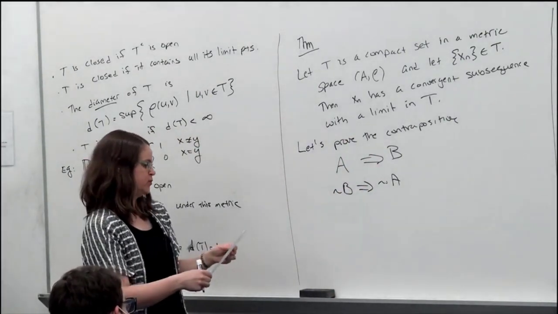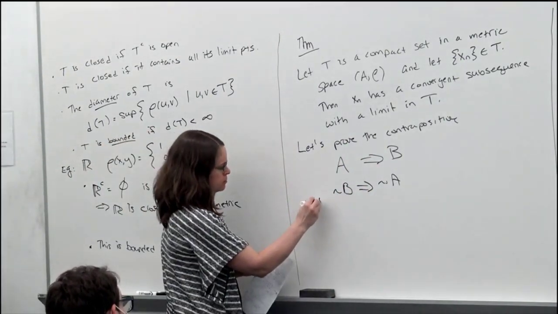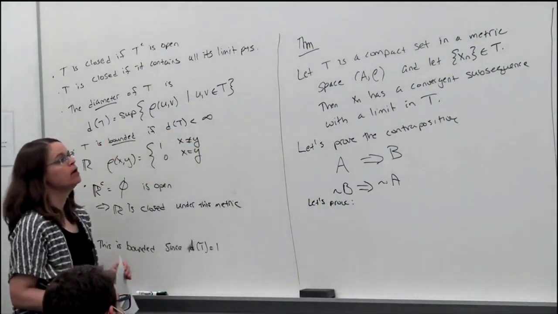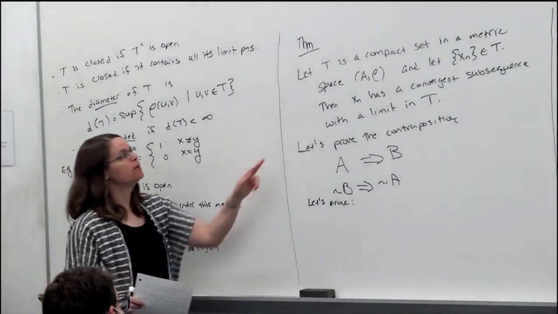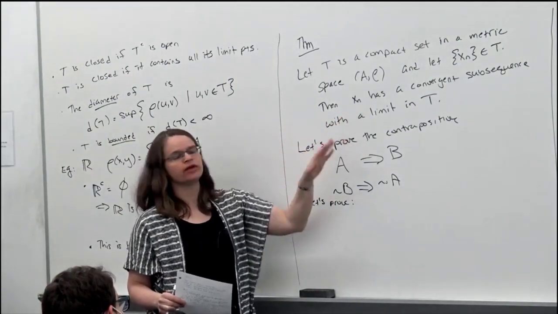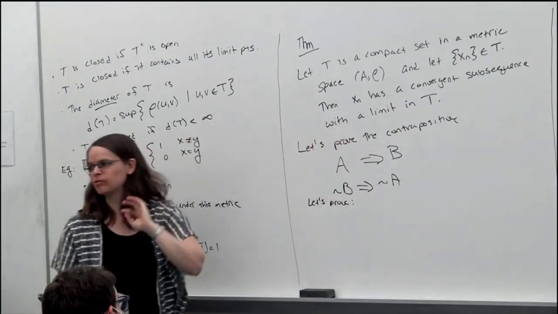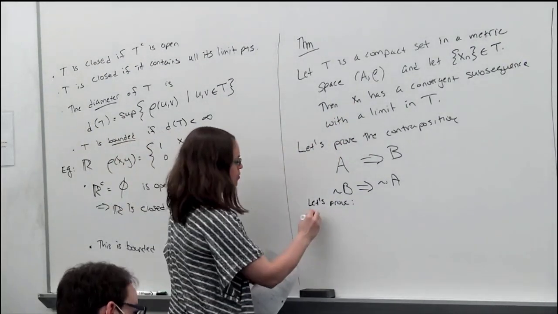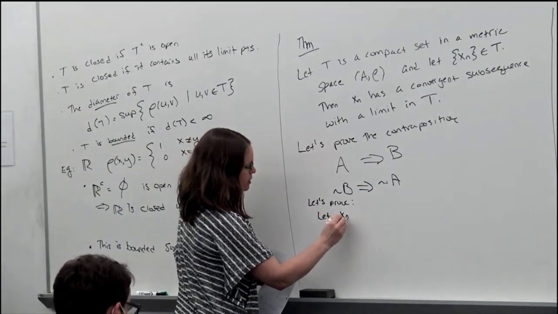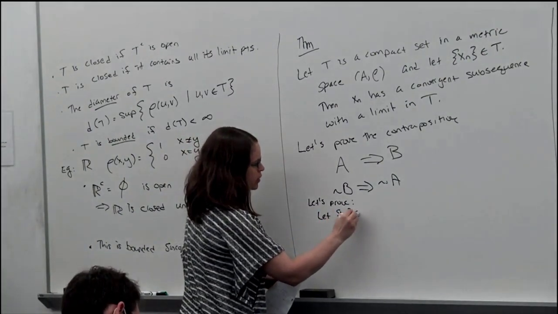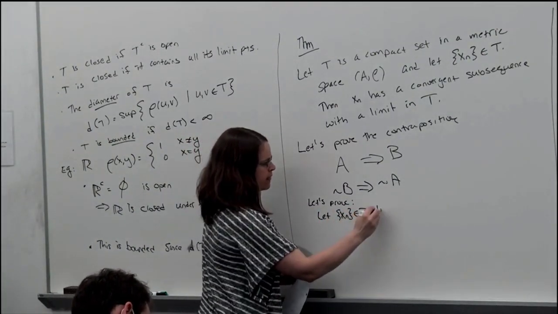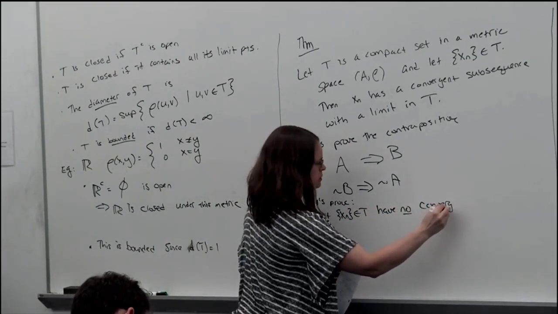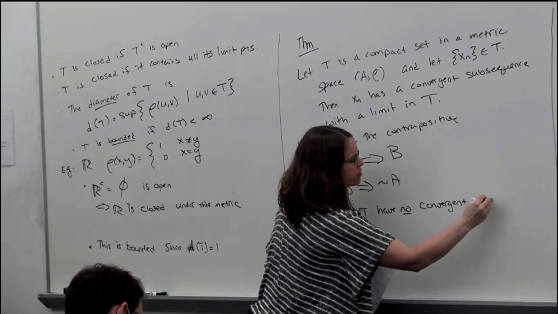So what are we trying to prove? Not B. Not B means I've come up with a sequence that just has no convergent subsequence. Any subsequence I look at doesn't have a limit. So let x_n be a sequence in T that has no convergent subsequences.